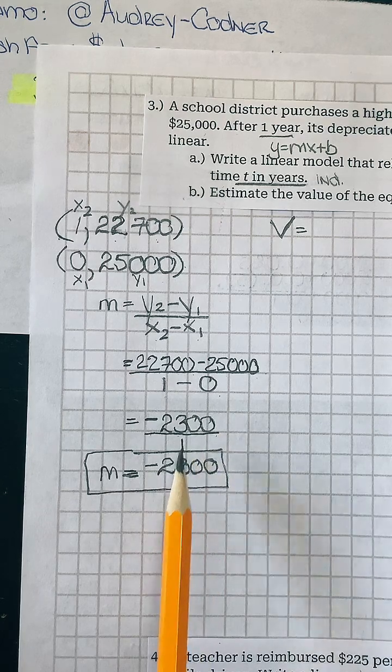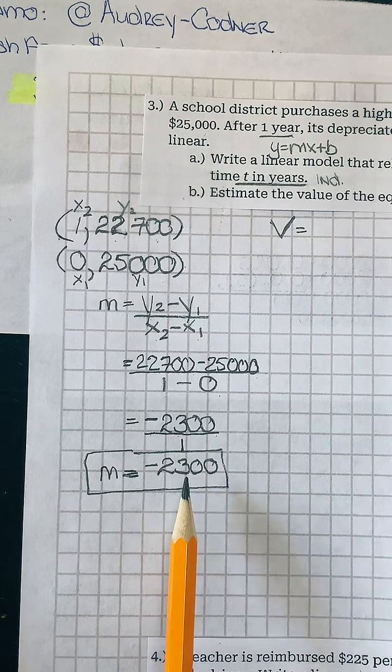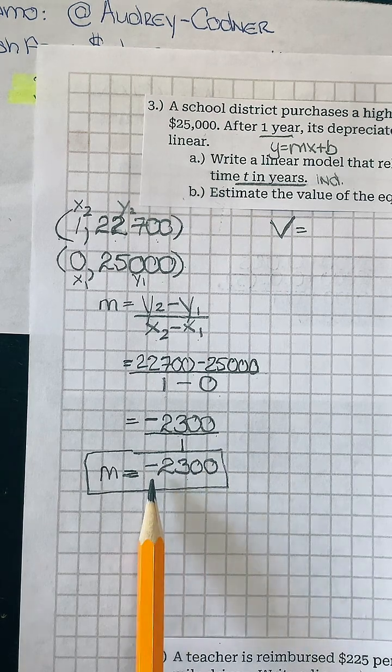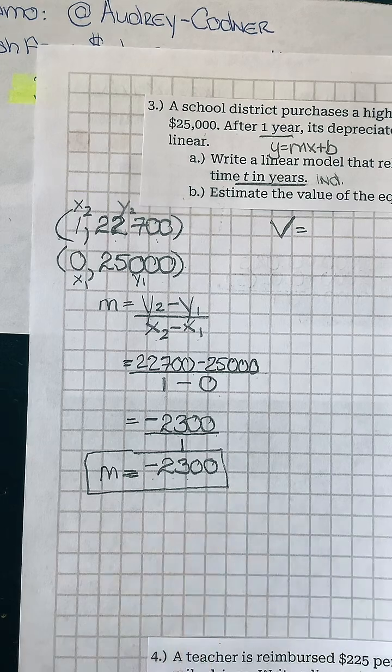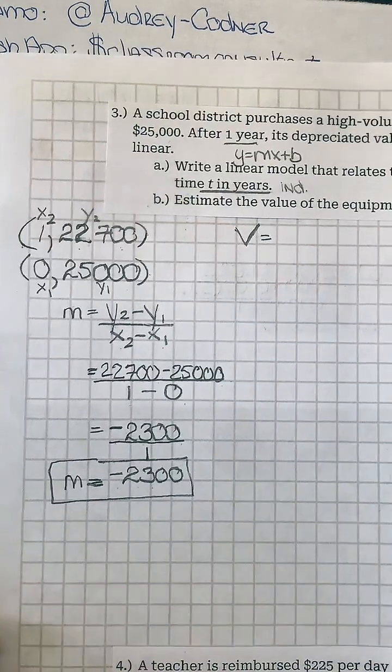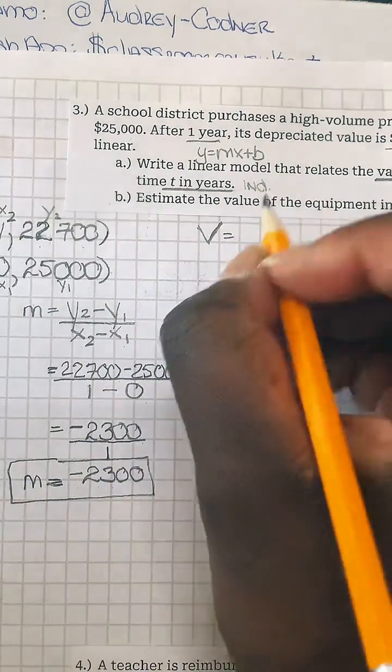Anything divisible by 1 is itself. So my slope is negative $2,300.